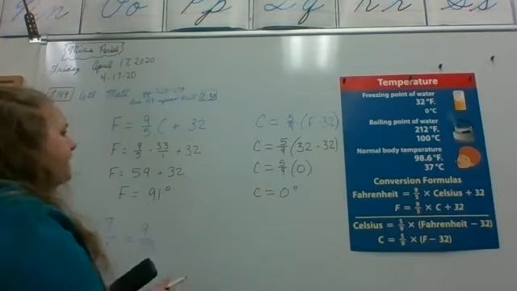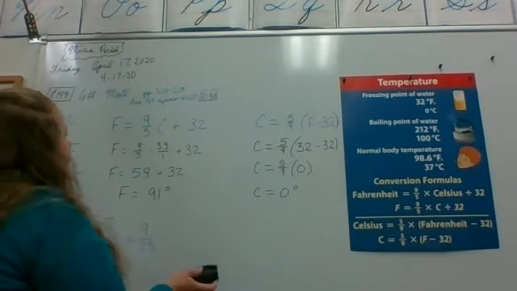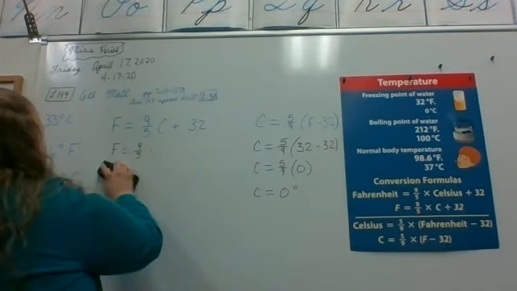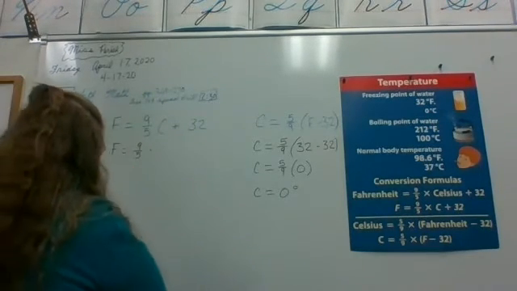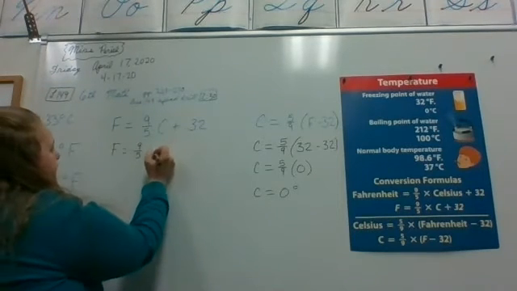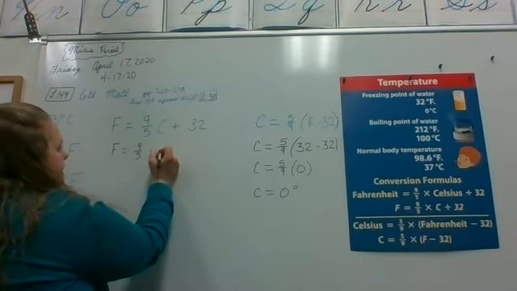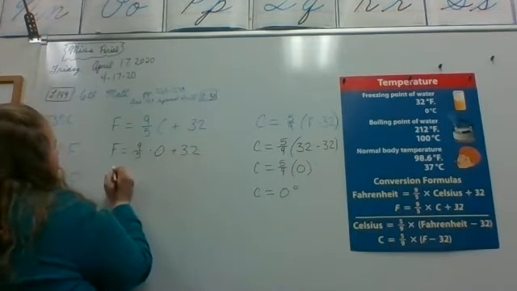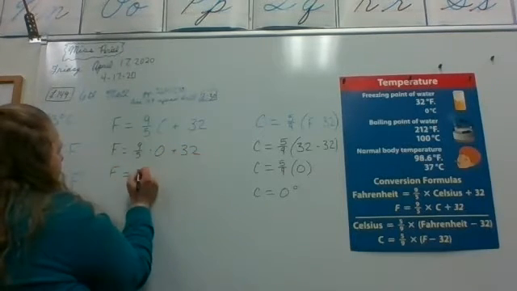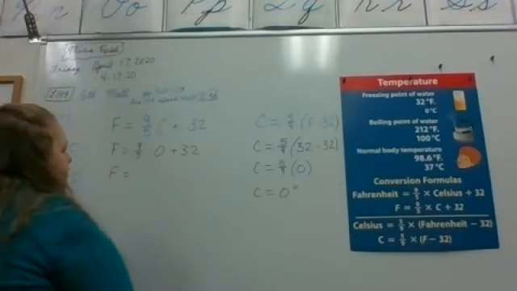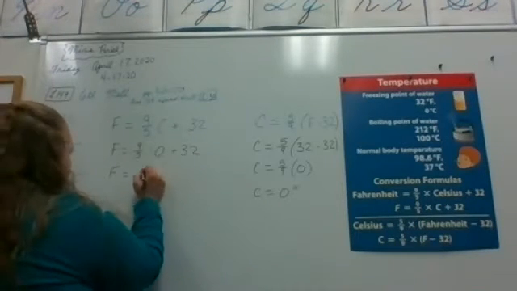We could even plug in 0 into our formula here. And I just erased something else I needed, but that's okay. I'll find that again. So if we put in 0 degrees, so 9/5 times 0 would get you what? 0.